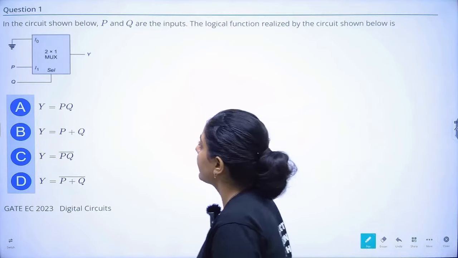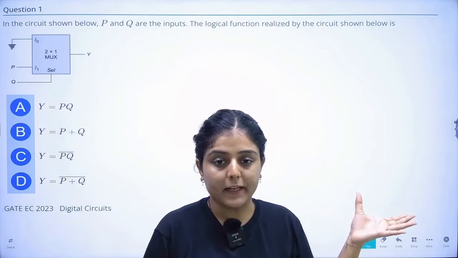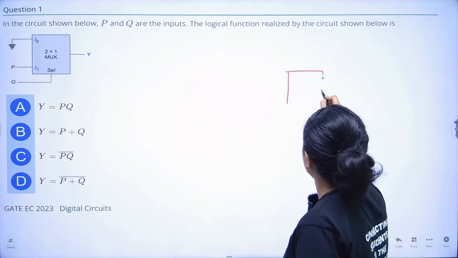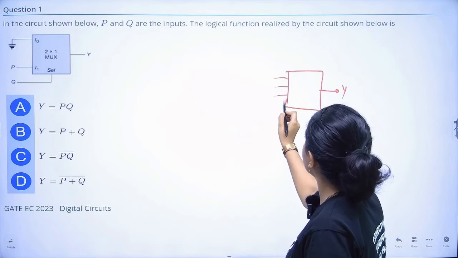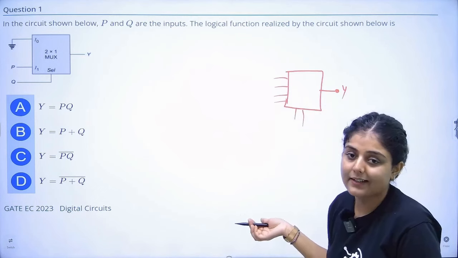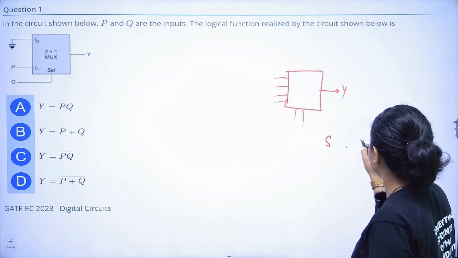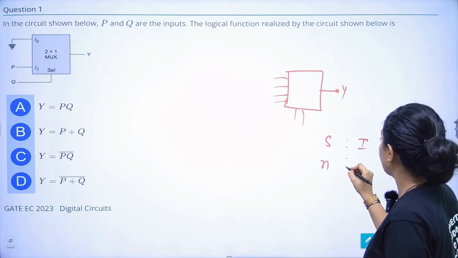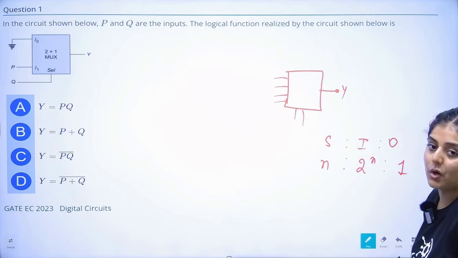Okay, multiplexer. A multiplexer is a device which has multiple inputs and only one output. In order to select a particular input, there are select lines that route the input to the output. If the select lines are n, the inputs will be 2 raised to the power n, and the output is always 1.